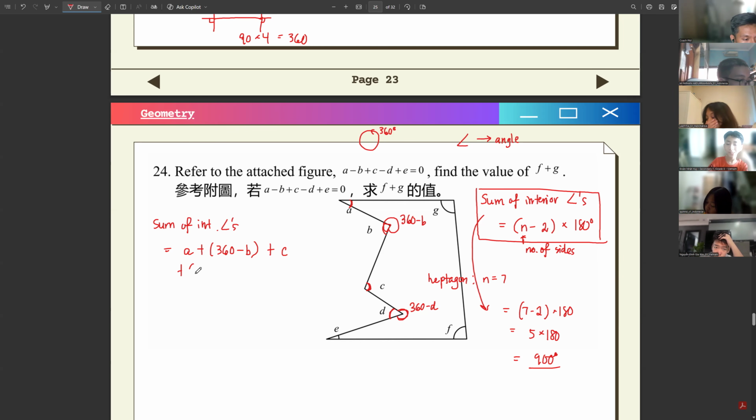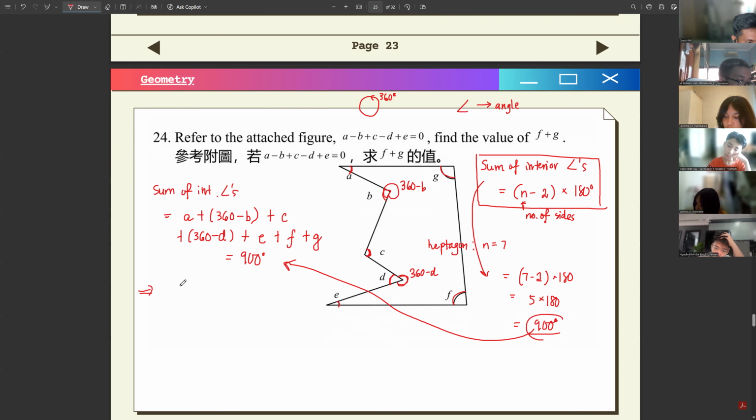So we add 360 minus D. What else? We also have this interior angle E. We have this interior angle F. And finally, we have this G. And we know the value of this from our formula here. This is 900. So we can equate this to 900 degrees. Okay?